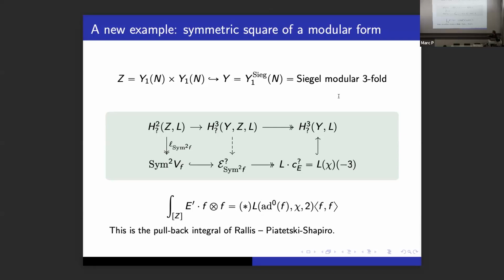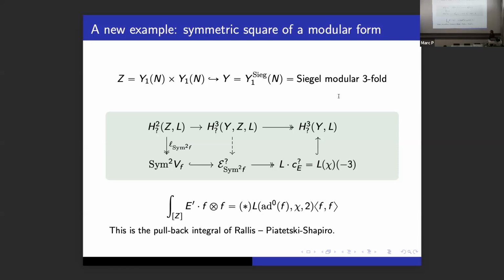There's an infinite tower of these examples, but I'm not going to give you an infinite tower of examples. So in this case, Z is now the product of our modular curves. And so that's a surface, and we're going to put it inside a threefold, and the threefold is the Siegel threefold. So it's Siegel upper half space for genus 2 abelian varieties.